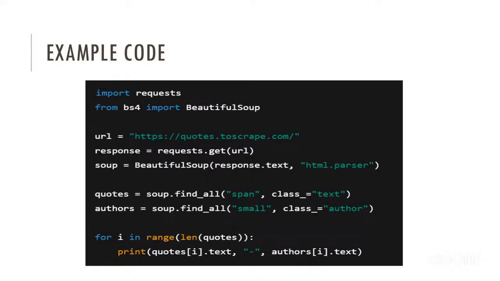Okay, then next we find all the quotes and their authors. On this website, every quote is inside a span tag with the class text, and the author name is inside a small tag with the class author.